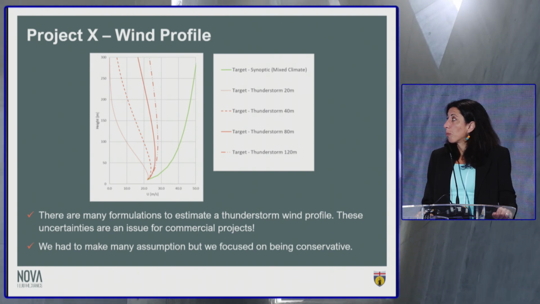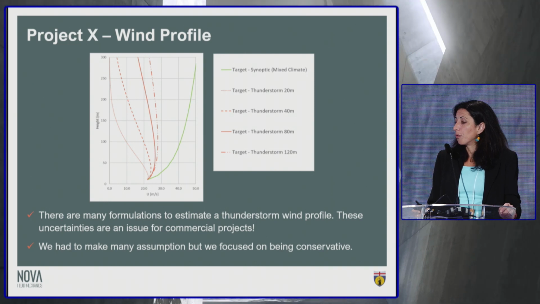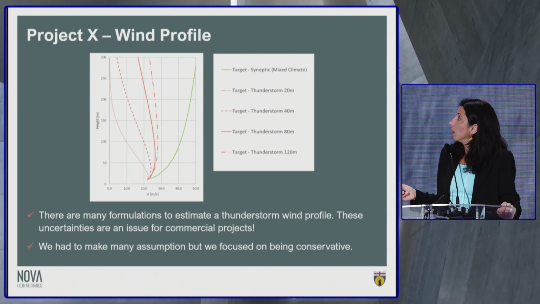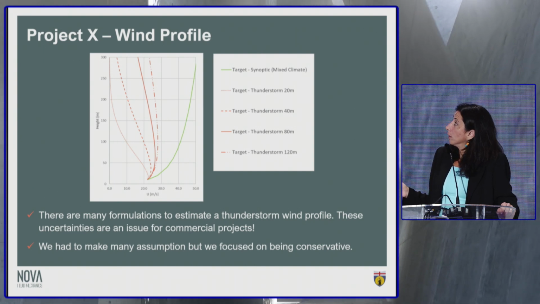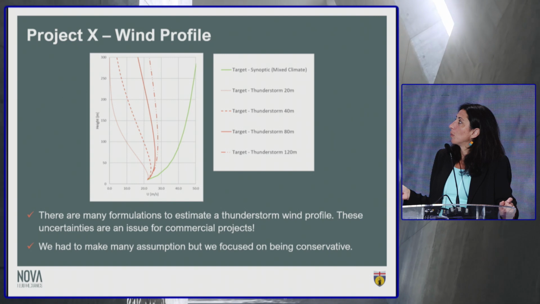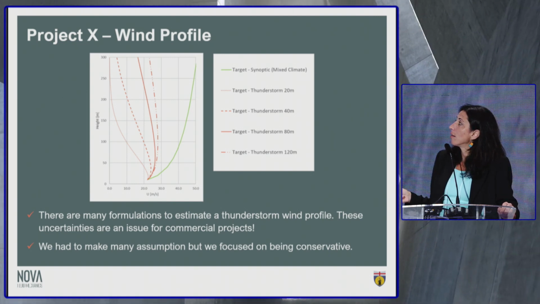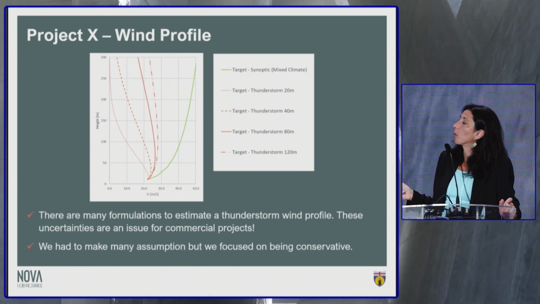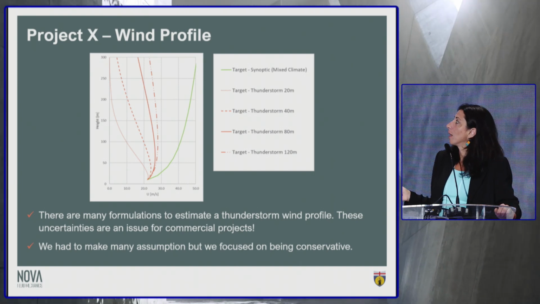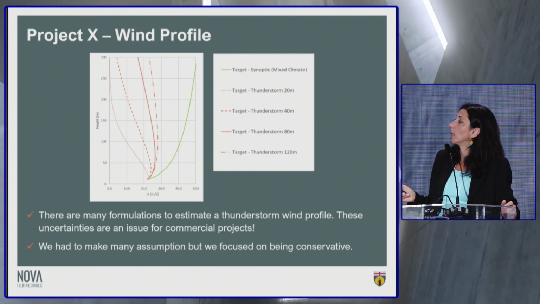That's when our research project started, and the first thing we did was look at the climate, look at the profile of the wind speeds. These graphs show the target synoptic profile. This we are certain of because we derive it from the code. And then these 4 lines are 4 possible thunderstorm profiles with the maximum wind speeds at different heights, 180, 120, 80 meters, 40 meters, and 20 meters.